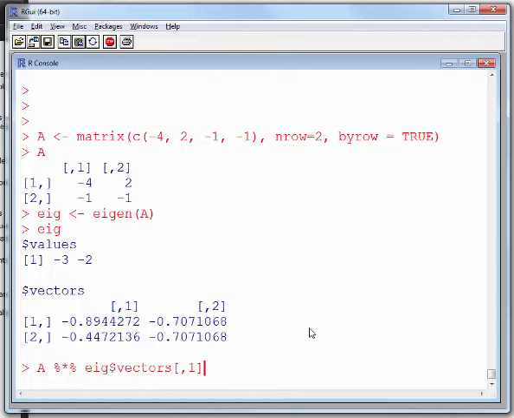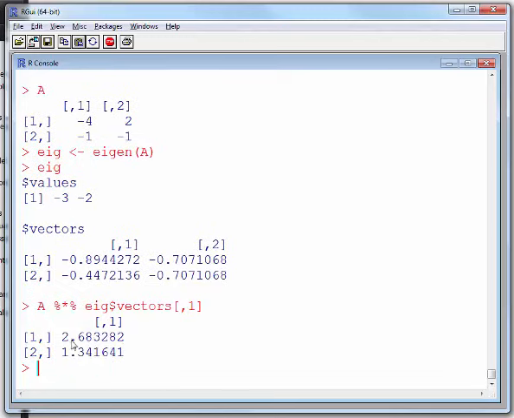Then what I should expect to see is that I'm taking A and multiplying it against this vector, and what that should do is turn this thing around, change the signs to all positive, and lengthen it by a factor of 3. And if I do that, I see that's exactly the case. This number, 2.68 whatever, is -3 times this.